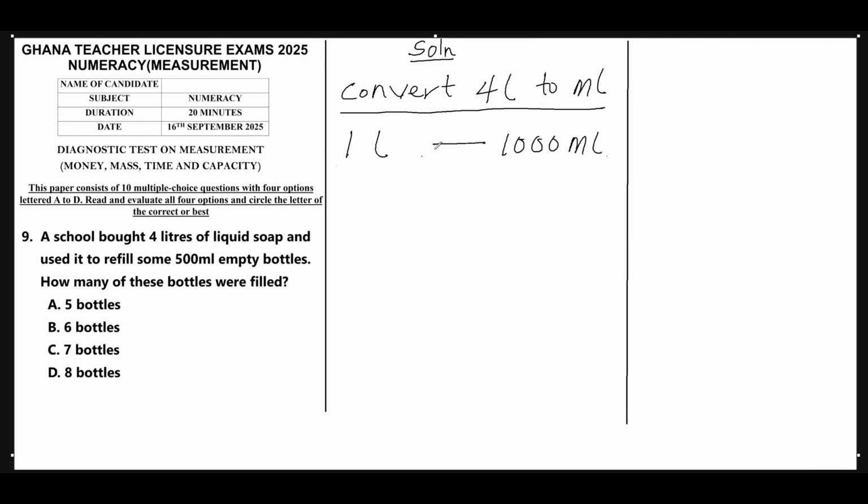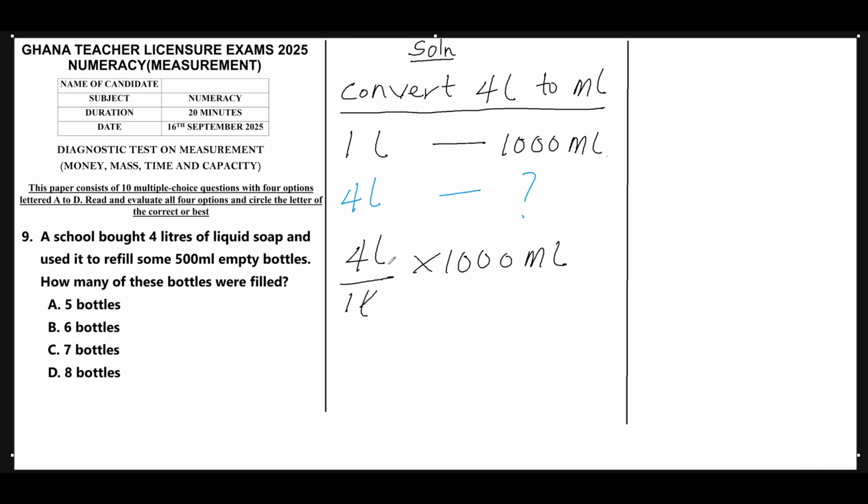But this time we have 4 liters. So if 1 liter is giving us 1000 milliliters, then 4 liters must also give us a certain capacity in milliliters. So applying proportion, if more then less will divide. We have 4 liters divided by 1 liter multiplied by 1000 milliliters.